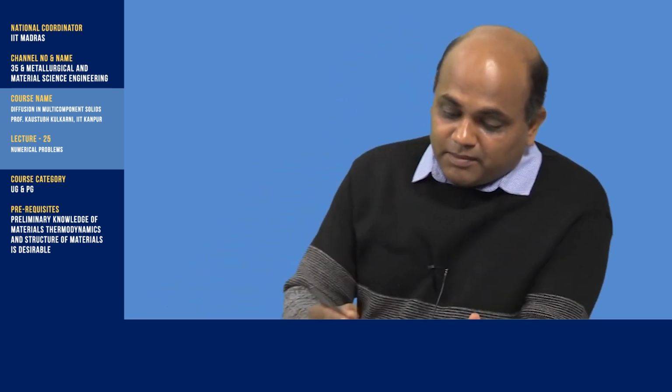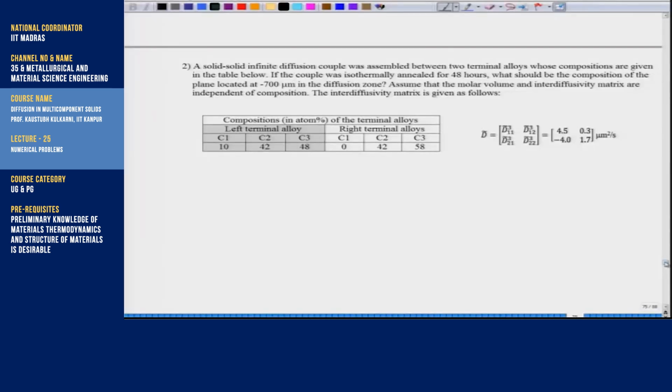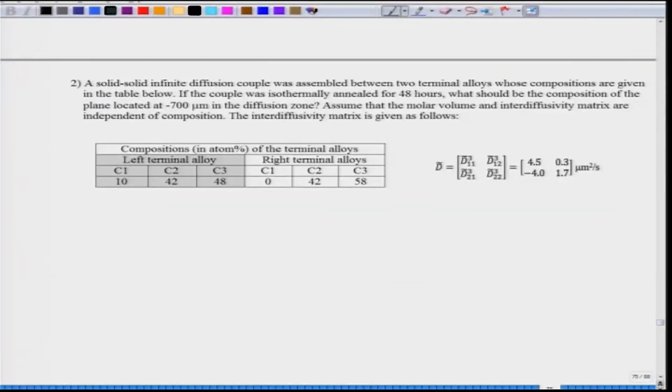Okay. So, the problem says a solid solid infinite diffusion couple was assembled between two terminal alloys whose compositions are given in the table below, right. So, we have a diffusion couple, so this is the initial interface between two terminal alloy, let us call it x equal to 0, and this is an infinite diffusion couple.